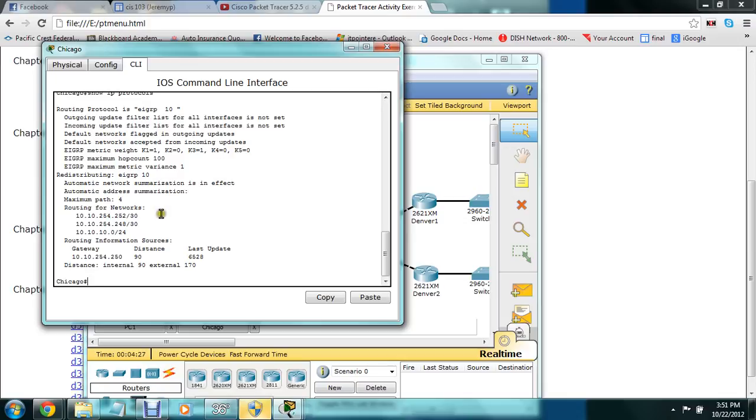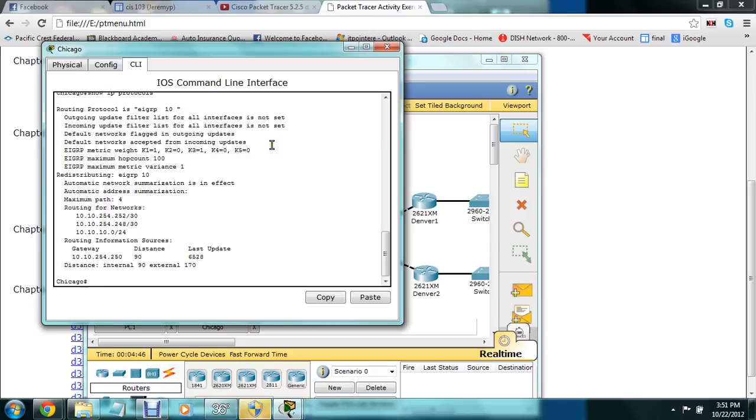Okay, and our EIGRP autonomous system number is 10.